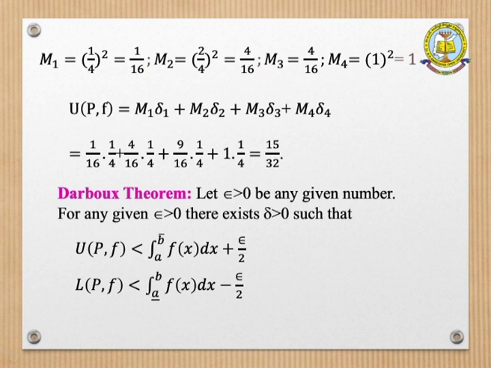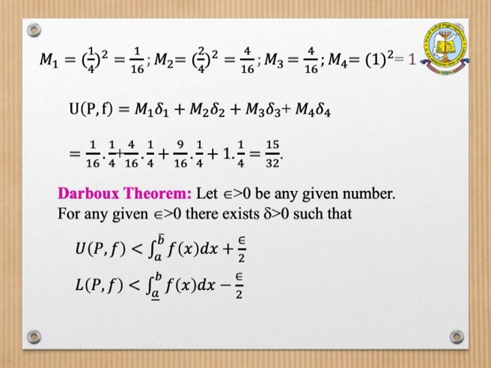Then there exists delta greater than 0 such that UPF is less than the upper integral a to b f of x dx plus epsilon by 2, and LPF is greater than the lower integral a to b f of x dx minus epsilon by 2, or you can take epsilon also, because epsilon is a small positive number.